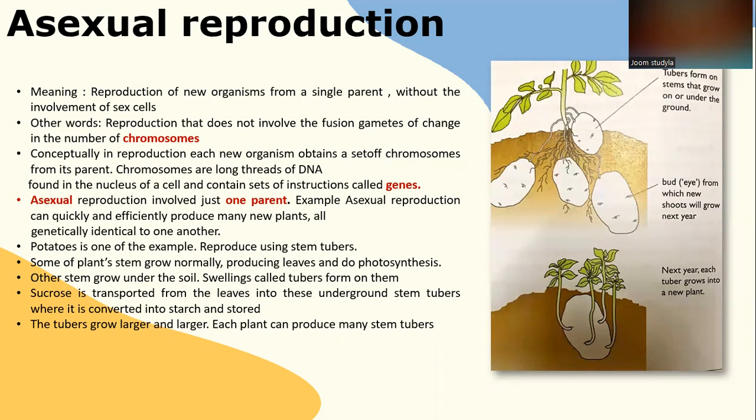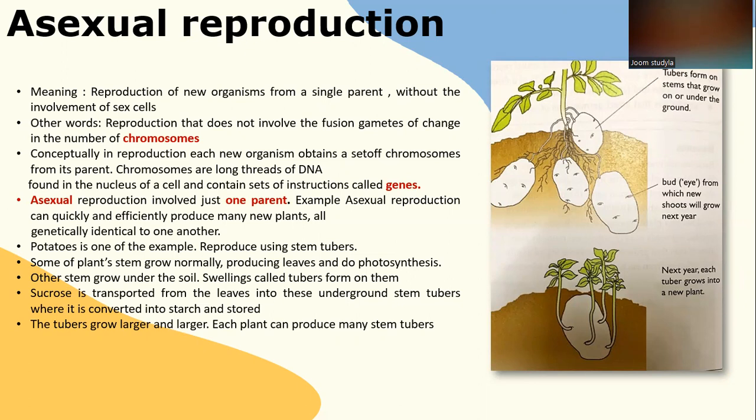Asexual reproduction involves just one parent. For example, asexual reproduction can quickly and efficiently produce many new plants, all genetically identical to one another. In this case, we take the potato. Potatoes reproduce using stem tubers. Some of the plant's stems grow normally, producing leaves and doing photosynthesis.